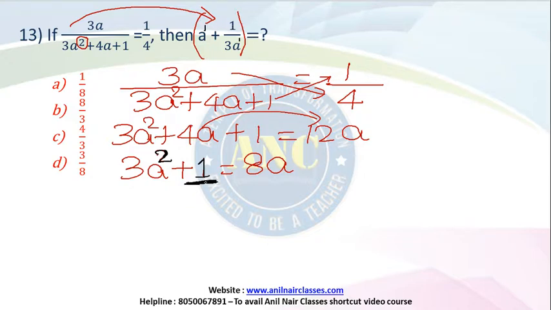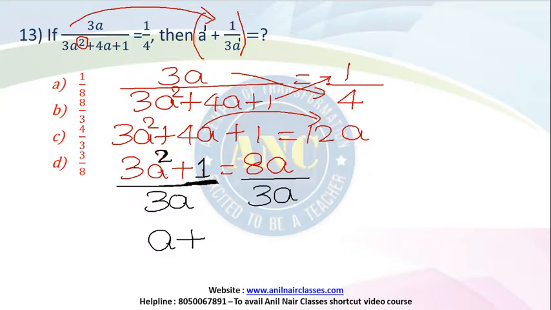I will not only divide by 3a for the 1, I will divide by 3a for the entire left hand side. If I divide by 3a on the left hand side, on the right hand side also I will divide by 3a. Simple, sir. Now 3a square by 3a is nothing but a, plus 1 by 3a, I will write as it is. This is equal to 8a by 3a, which is 8 by 3.